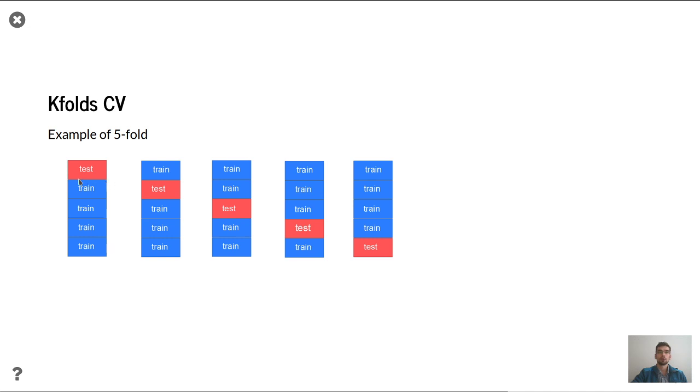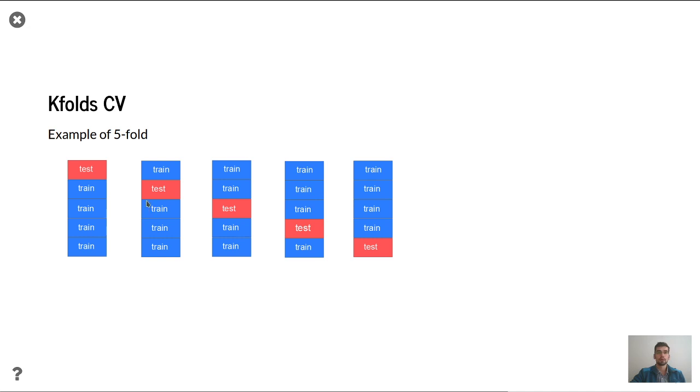For the first model, we use the combination of these 4 parts as the training set, and this one as the test set. Then we move our test set to the second part of the data set, to the third, and finally to the k-th part of the data set. And this is a simple way how we can use the whole set to estimate the accuracy or other metrics.